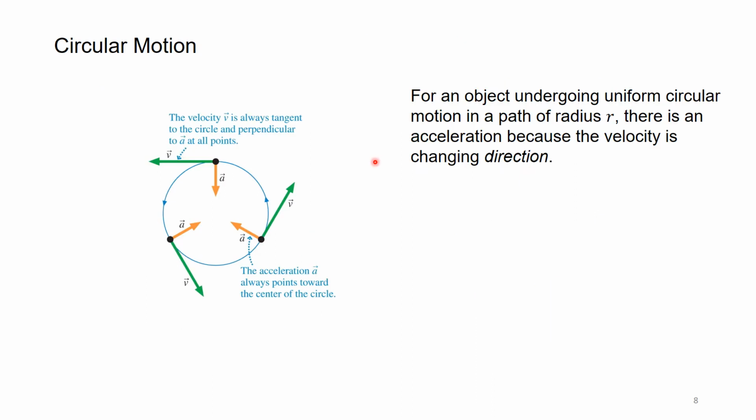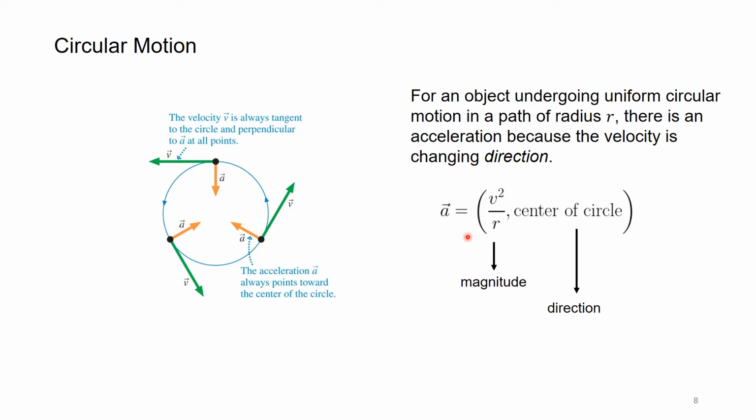Now back to the acceleration here. The acceleration points to a center for an object in uniform circular motion. And suppose the radius of this circle is r. The acceleration makes the velocity change direction. So this is what we know about the acceleration. The direction of the acceleration always points to a center, so we have covered that already.